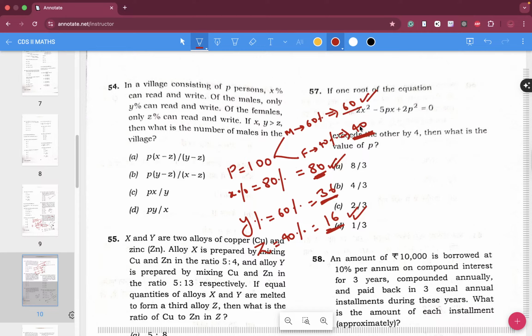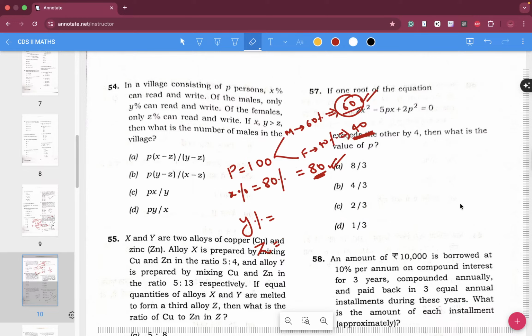Then the number of remaining people is 80 minus 16, which is 64. Now that cannot be the case because the number of females itself is 40. So now I will change this number.